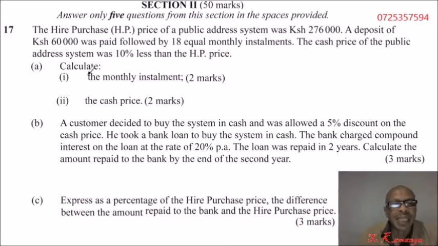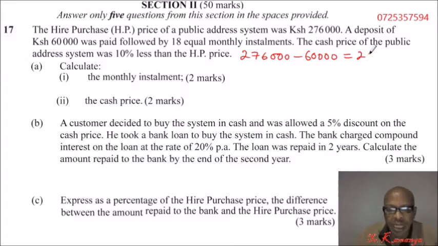Part A, calculate (i) the monthly installment. Let's start with that. You can see the hire purchase price is 276,000. To get the amount paid in monthly installments, we take 276,000 minus 60,000, and you can use your calculator.